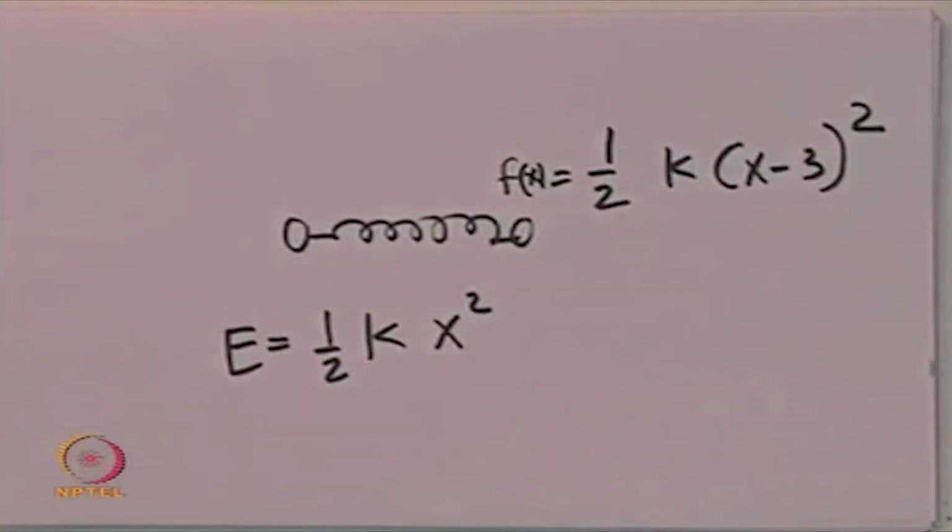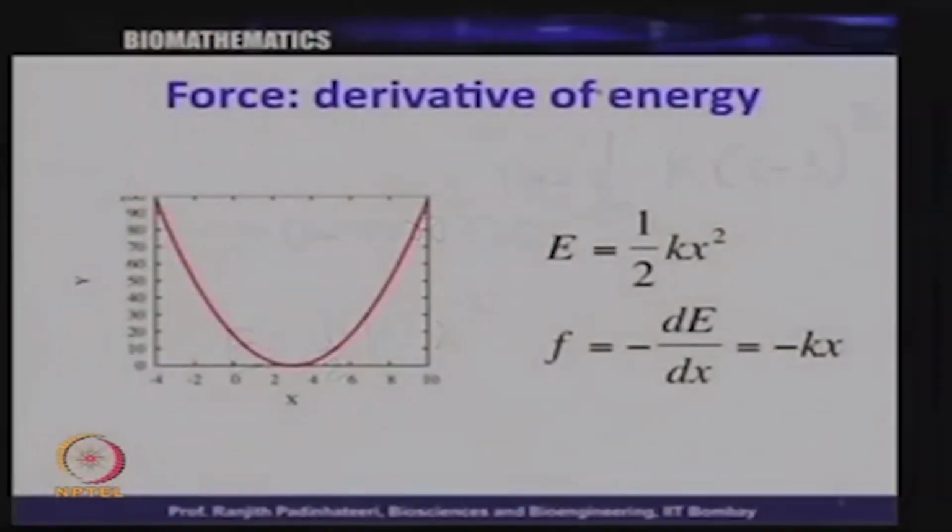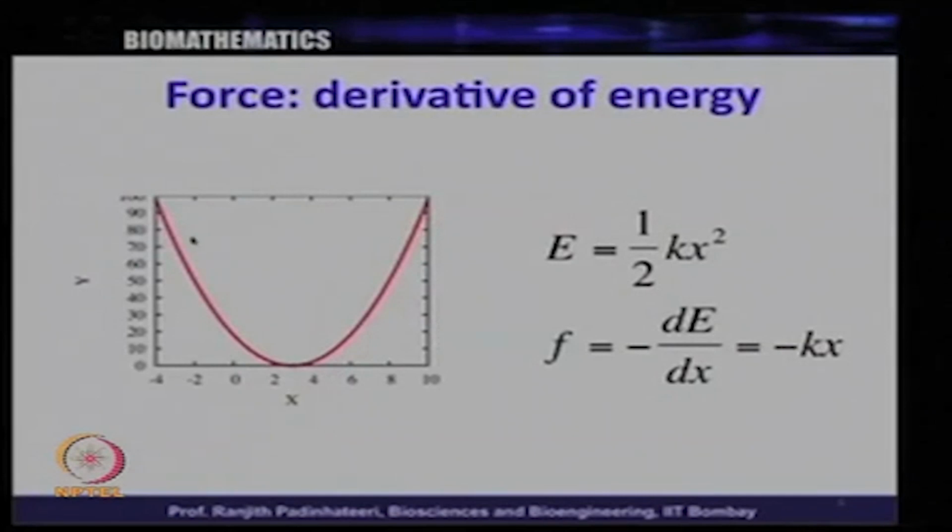This is what is plotted here, and it has a minimum at x equal to 3. If you find the derivative of both these functions, you will get some function which looks like k times x.